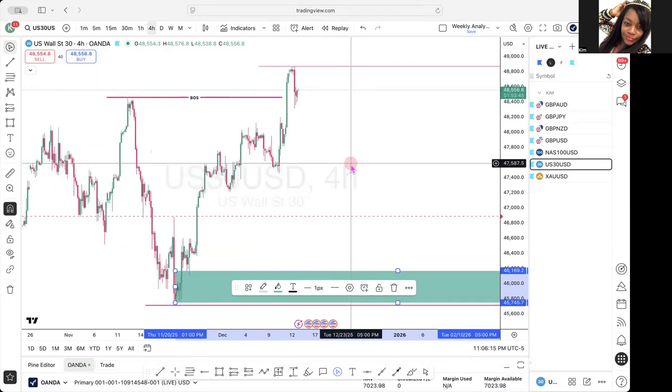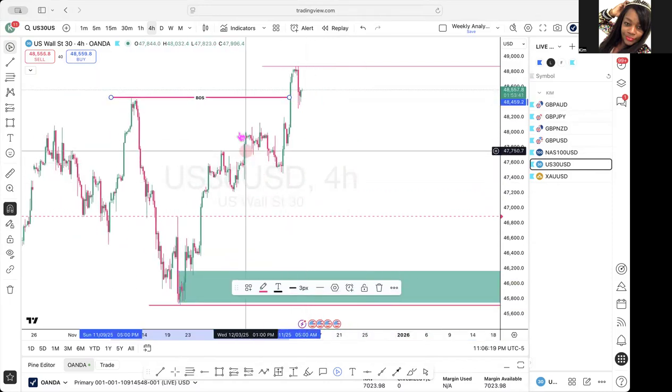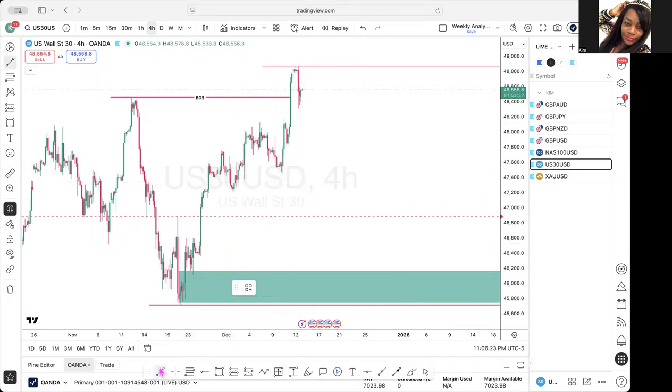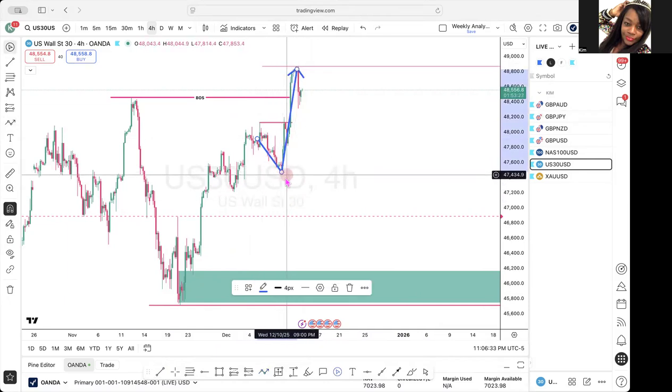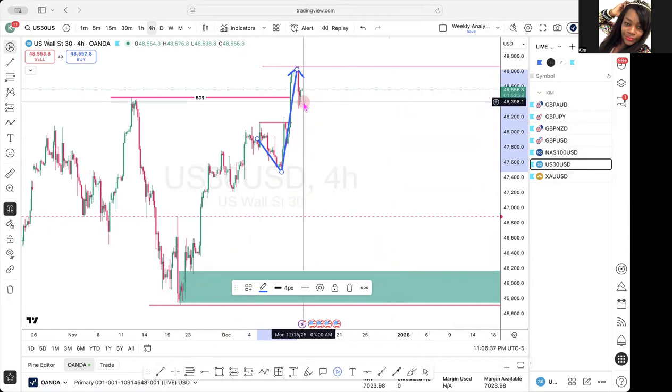Of course, if I'm looking at the current structure, the internal structure, I should say, this is the current structure. Here, here, and here. So that means price would have to break here, look for a pullback to sell down to here.